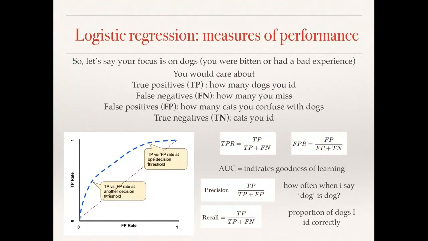In that case, your threshold for identifying dogs might be lower because you are not so stressed. Or imagine that you just had a bad experience with a dog on the way, then you become nervous, and you're trying to identify dogs with much more accuracy because you are really perceiving them as a threat.